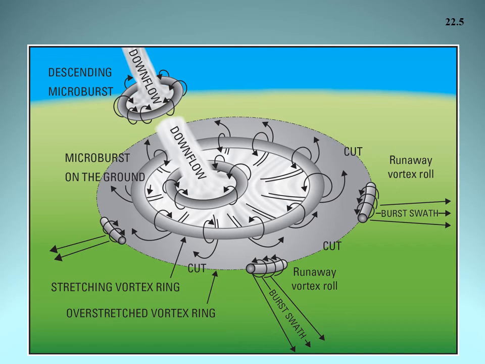Damage from a microburst can actually look quite like a tornado at first, until you really dig deeper and notice that tornadoes don't make nice, neat radial patterns of damage. It's much more chaotic.